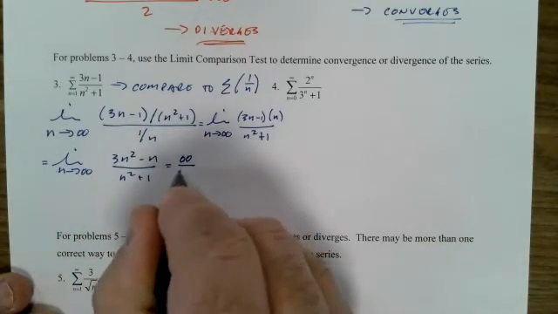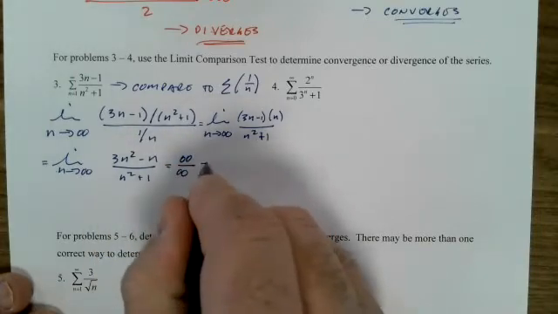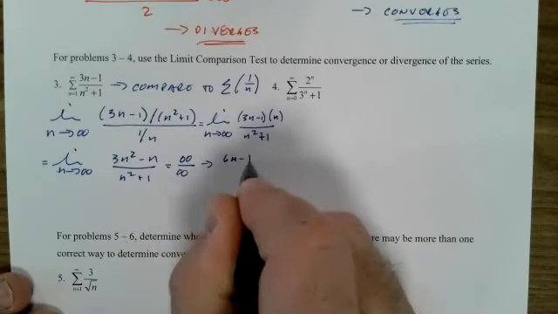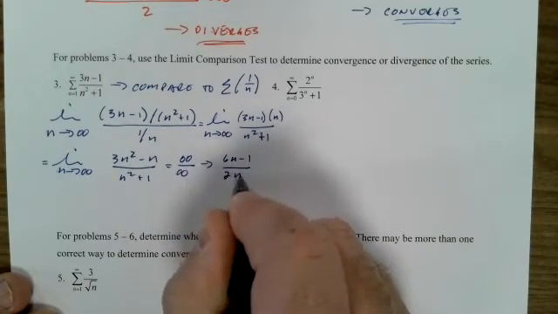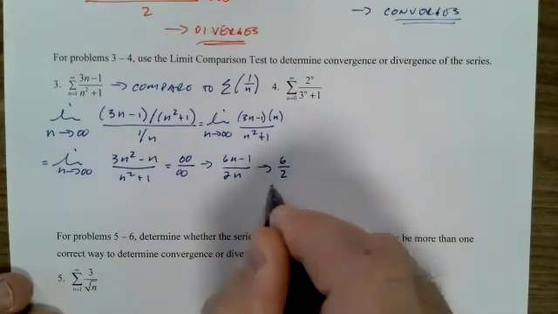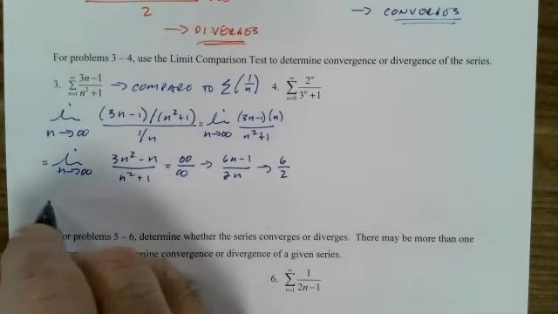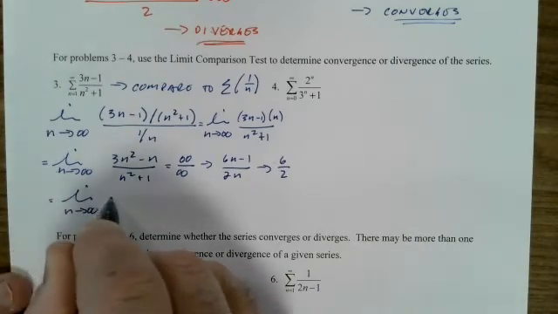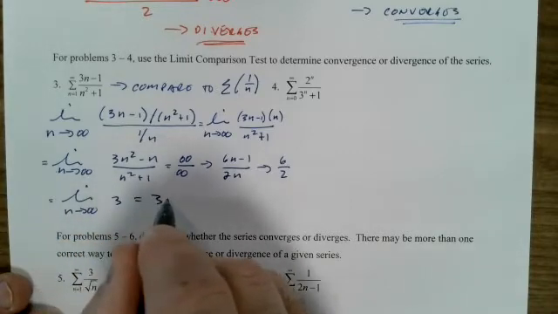Since that's infinity over infinity, do that whole derivative thing, we get 6n minus 1 over 2n, which is infinity over infinity, which is 6 over 2, which equals 3.